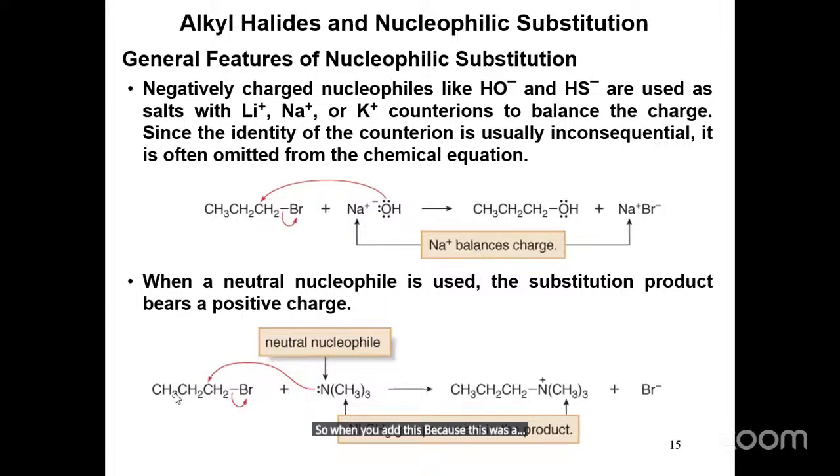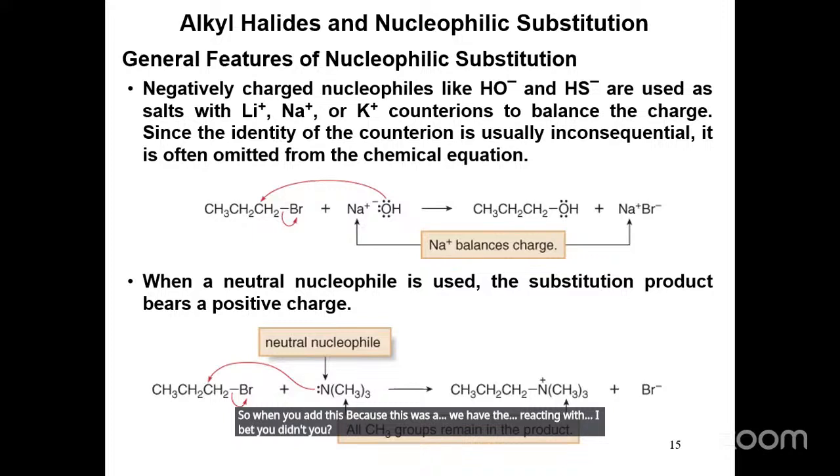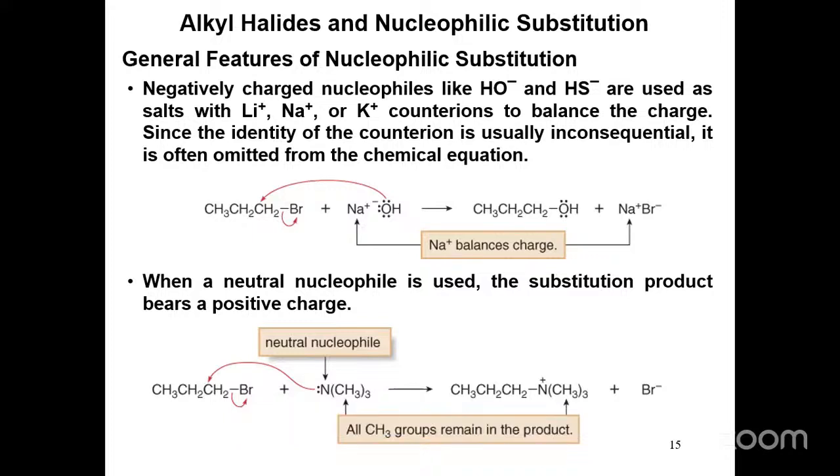We have propyl bromide reacting with dimethylamine, which is a neutral nucleophile. At the end of the day, an ammonium ion was formed.